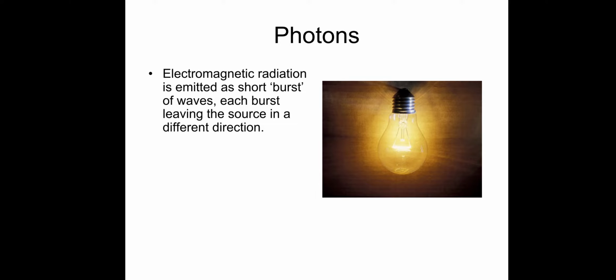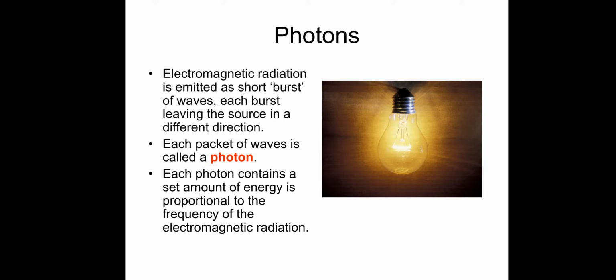So photons. Electromagnetic radiation is emitted as short bursts of waves, each burst leaving the source in a different direction. And each packet of these waves is called a photon. Each photon contains a set amount of energy and is proportional to the frequency of the electromagnetic radiation.